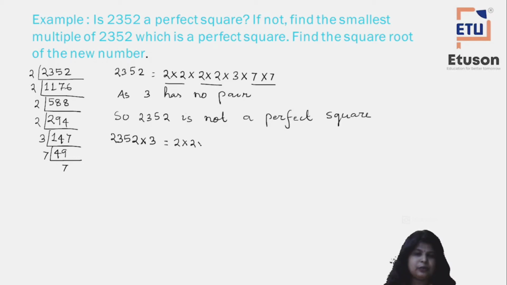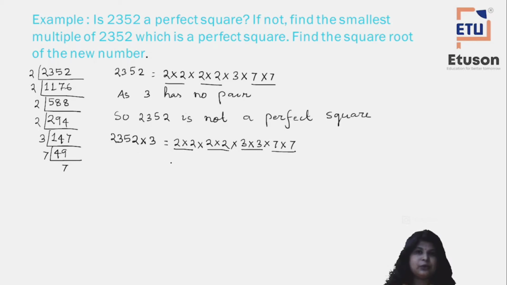So 2 into 2 into 2 into 2 into 3 into 3 into 7 into 7. Now you see, you can pair all the prime factors. Correct or not? So now the number which you will get on the left hand side is a perfect square.